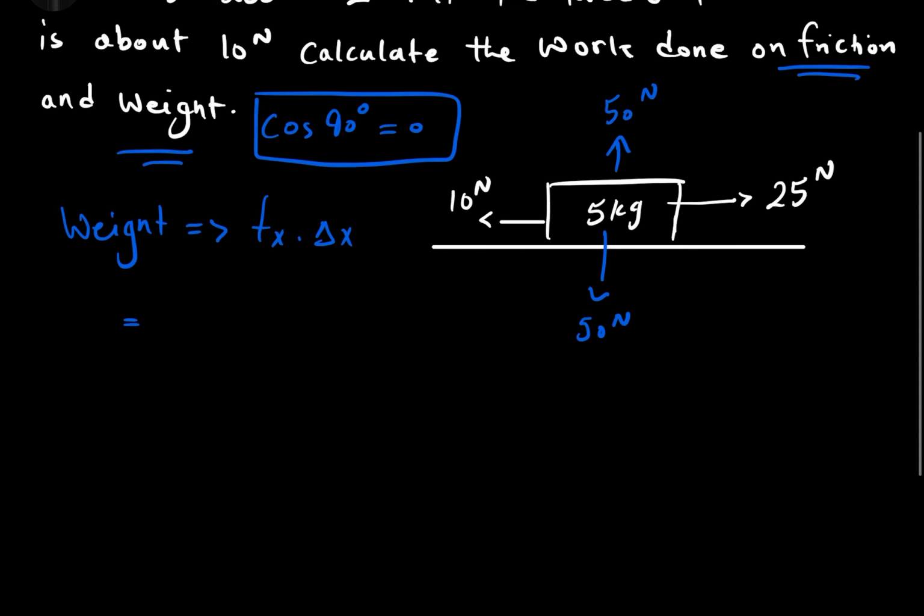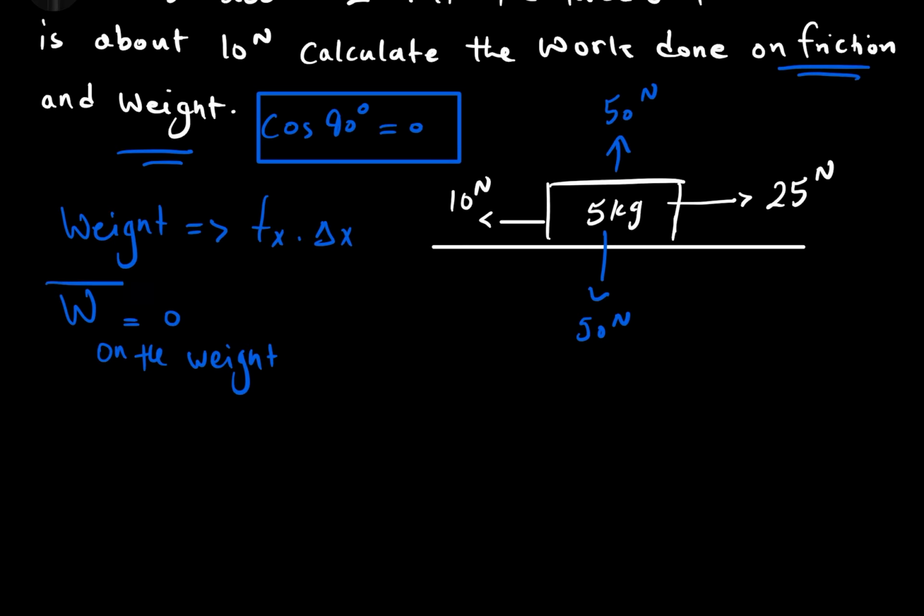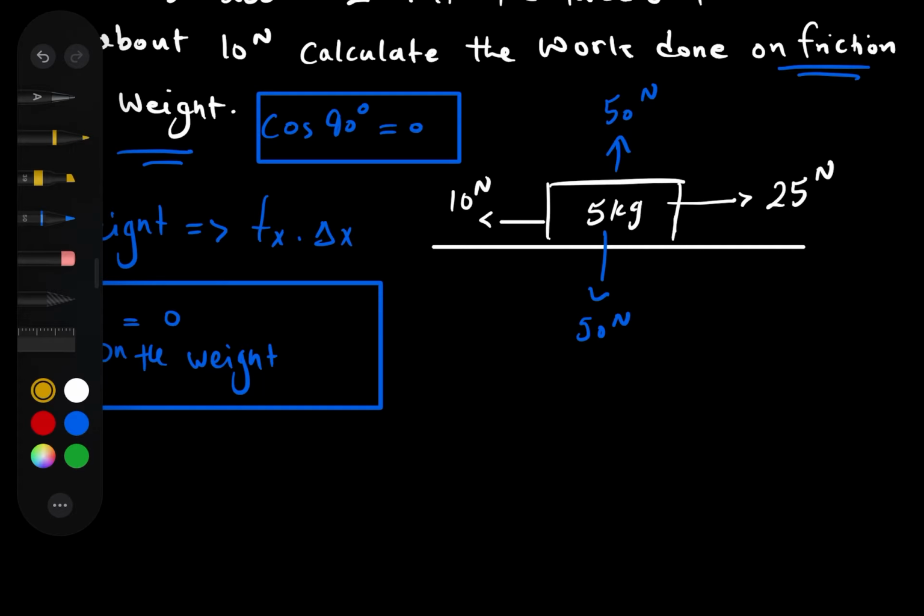But we also know that any time a force is applied at a perpendicular angle to the direction of movement, the work done is 0. So the work done by the weight is simply 0. And the reason is obviously because the force is being applied at a 90 degree angle.